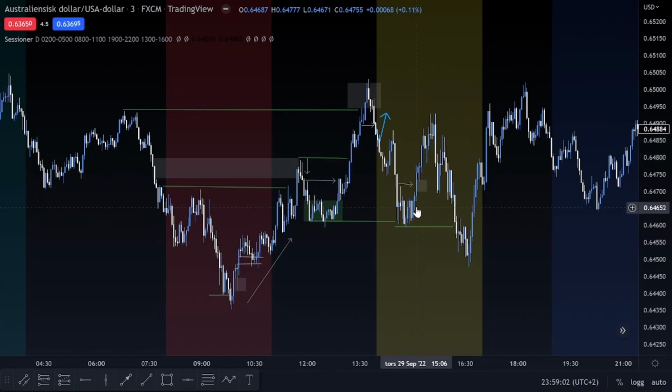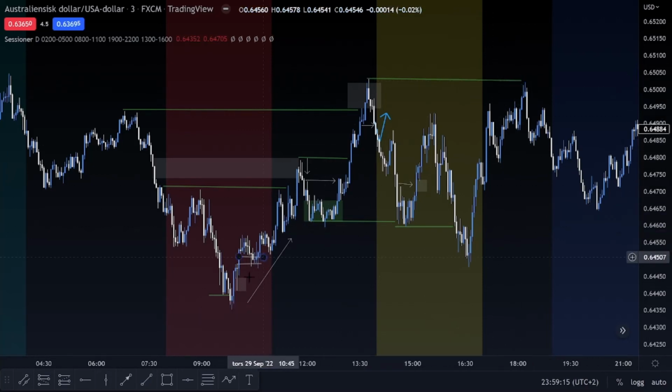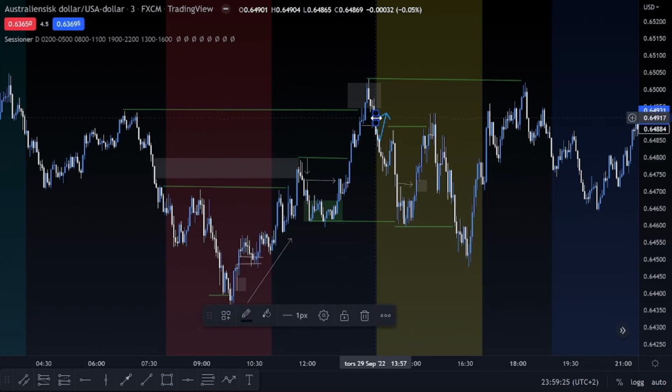So whenever price is leaving a consolidation, I look for areas where it can make reversals. We obviously have this high here, which is the high of the day. But we also have this high right here, which becomes really interesting because we have the fair value gap here that is open to me.